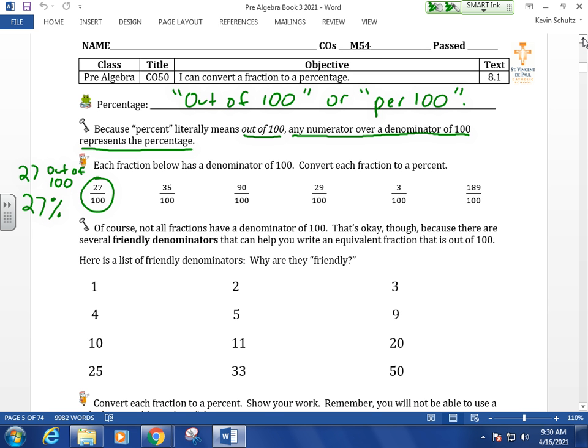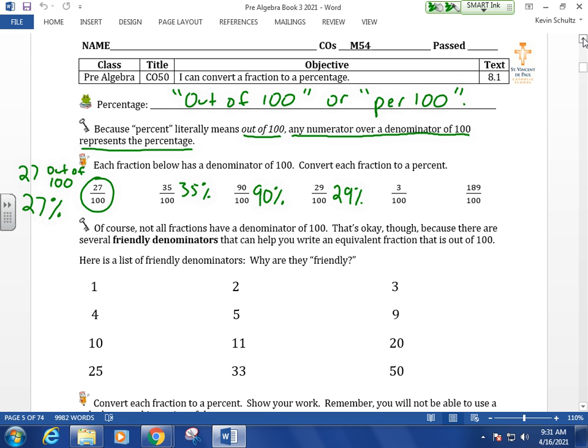Anybody? 35 out of 100, what percentage is that? Everybody. 35%. 90 out of 100. Everybody. 90%. 29 out of 100. Everybody. 29%. 3 out of 100.